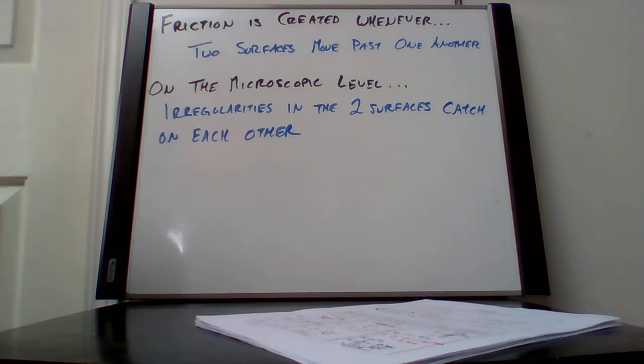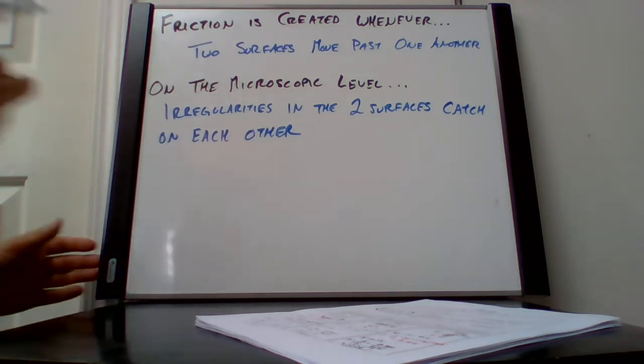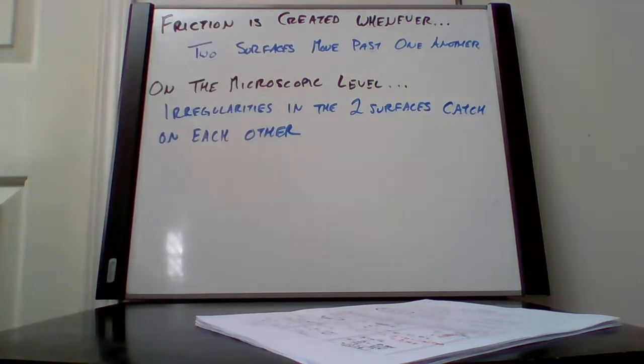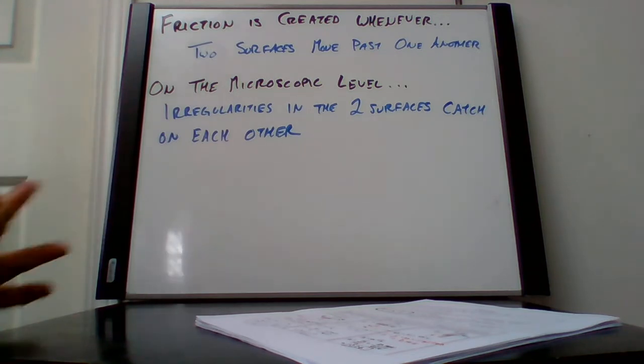All right, next up we're going to talk here about the force of friction. Friction is created whenever two surfaces move past one another. We're all used to seeing this.